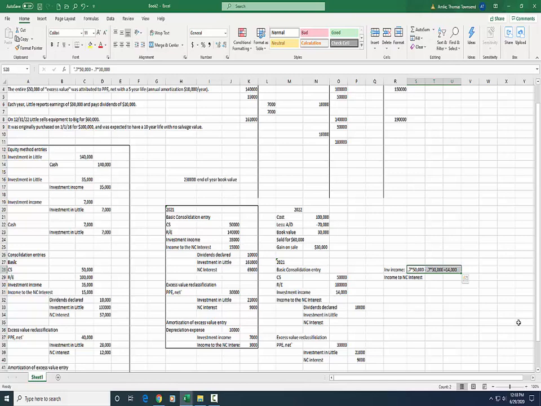Under the full equity method or the fully adjusted equity method, the parent adjusts their income to remove or add as appropriate any unrealized gains or losses. Under the partial or modified equity method, which is covered in the appendix to the textbook chapters, the parent doesn't do that. So basically this part would not be there. We just simply have our share of the reported earnings.